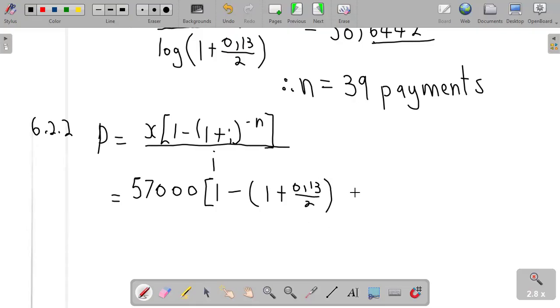And then we're going to take the negative n. We're going to take those decimals that are left. You understand? So, okay.